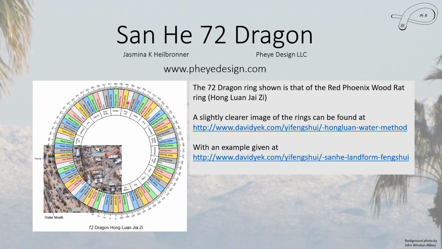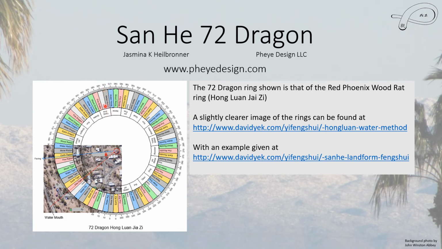Now, this is the 72 Dragon ring. There is a slightly better image here, and he really doesn't show it quite like this. You have to combine two or three different images or diagrams on this page here to understand how this ring is created. But this is color-coded with respect to element.